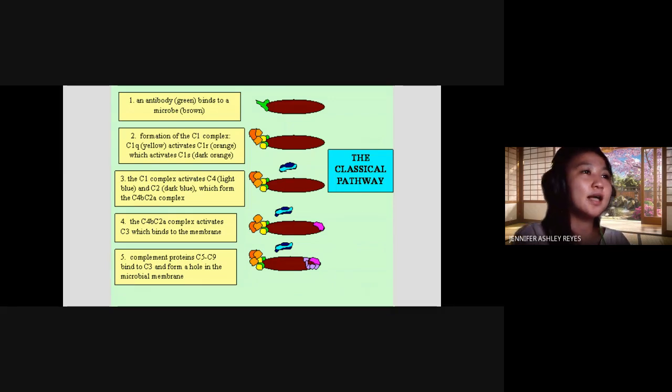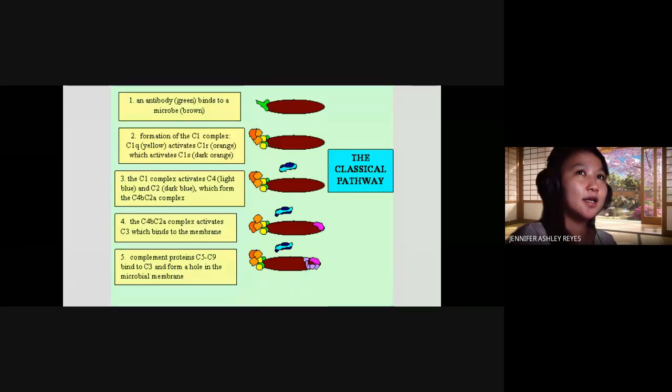So, during activation of classical pathway, kailangan meron tayong antigen-antibody complex. So, the existence of your antigen-antibody complex will activate the first complement component, which is C1. Okay? So, C1 yung first na activate. Nandyan sa number 2, formation of the C1 complex.